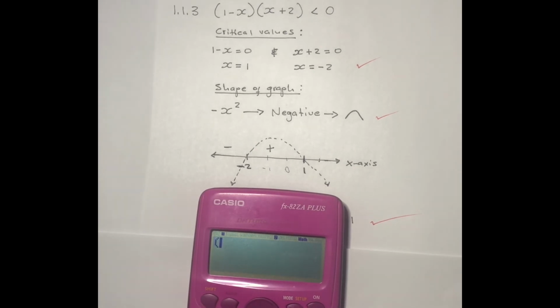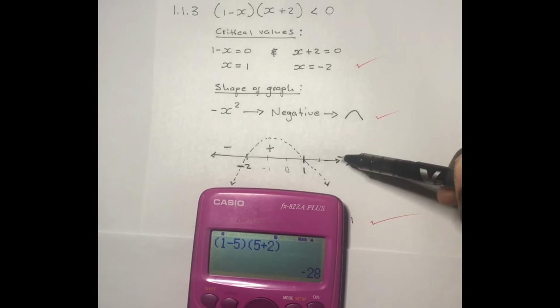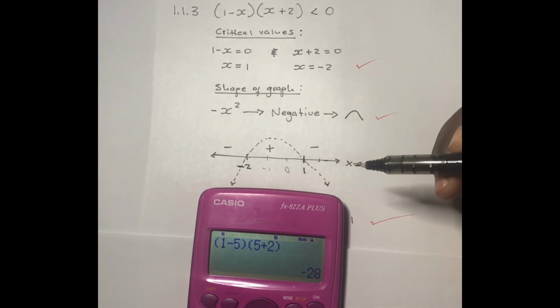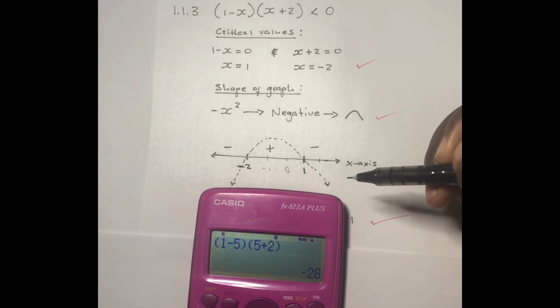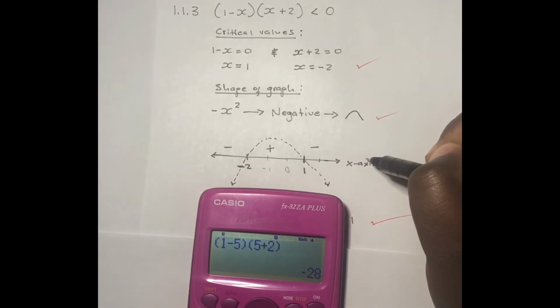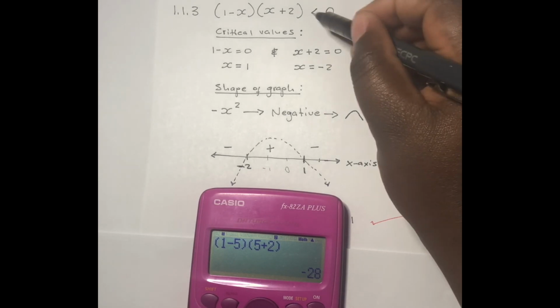So when we use a number which is greater than 1, we get a negative number. So it means all the values which are greater than 1, you get a value which is less than 0.